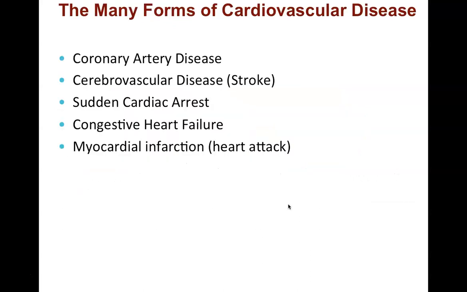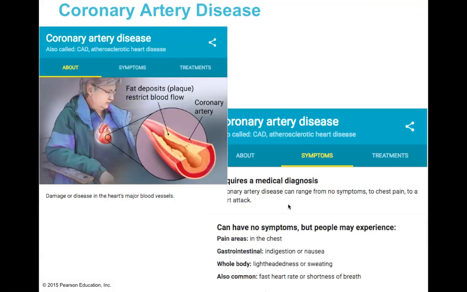So let's look at a few common types of CVD. Coronary artery disease, cerebrovascular disease, also known as stroke, sudden cardiac arrest, congestive heart failure, and a heart attack. So coronary artery disease is a disease of the arteries supplying blood or taking blood away from the heart.